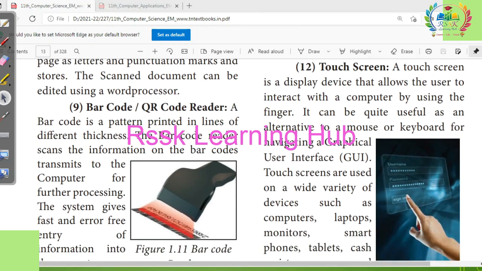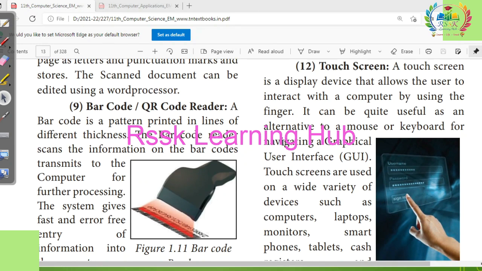Now coming to the touch screen, nowadays you are using a touch panel for taking classes, touch mobiles, everything comes under the concept of the touch screen. It allows the user to interact with the computer using a finger. Apart from the mouse or keyboard, it helps navigate the GUI, the graphical interface.